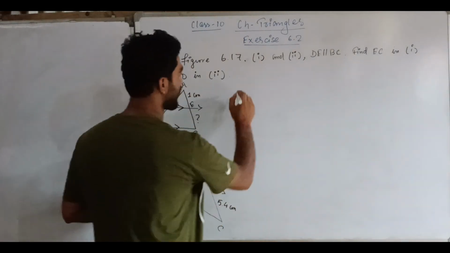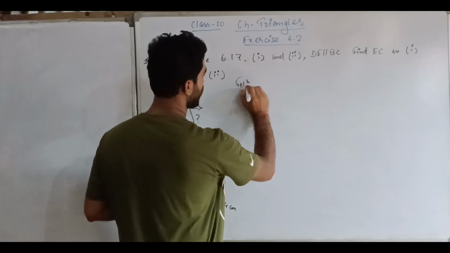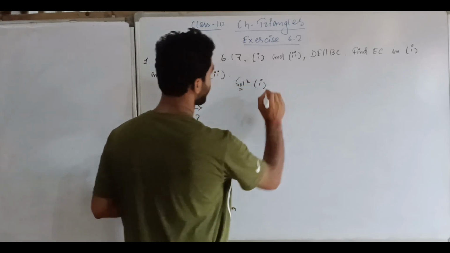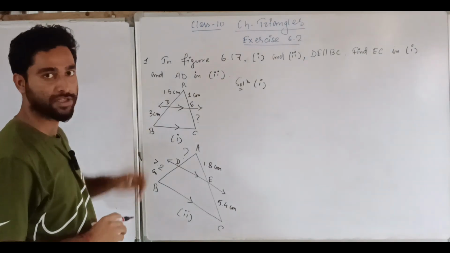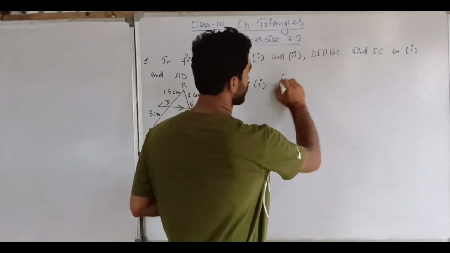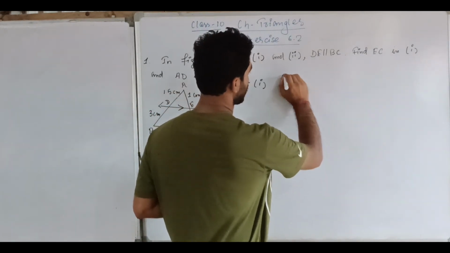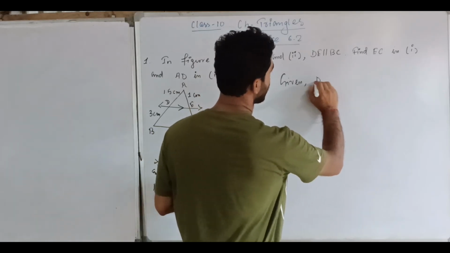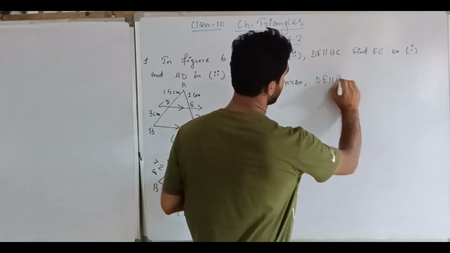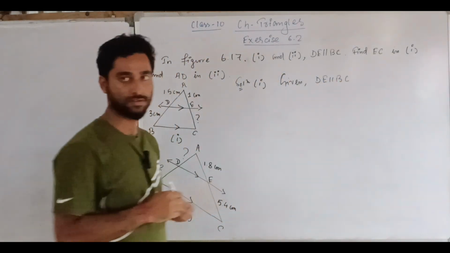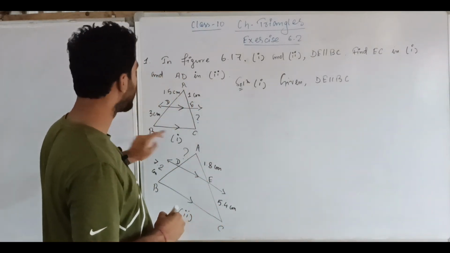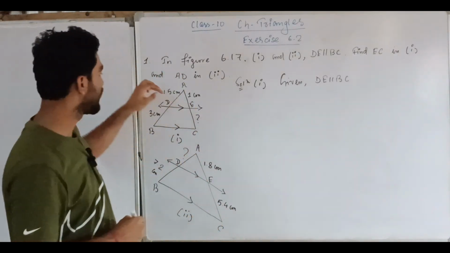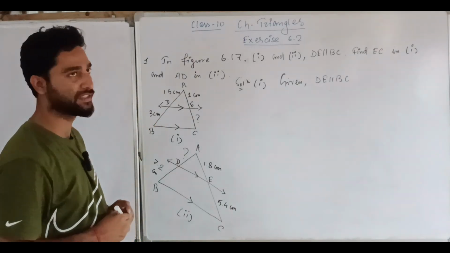Now let's see how we can solve this one. See, in this figure, what is the information given? DE is parallel to BC. One triangle is given, triangle ABC, and in this triangle DE is parallel to BC.